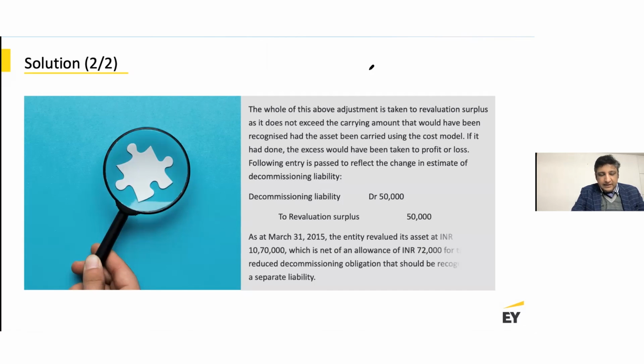Accordingly, this is the accounting entry that we do as far as the reduction of the decommissioning liability is concerned. Finally, on 31st of March 15, we revalue the asset at 10,70,000, which is the net figure on the decommissioning liability. It was 122. We reduced 50 out of that as a part of the requirement application. All right. Thank you very much.